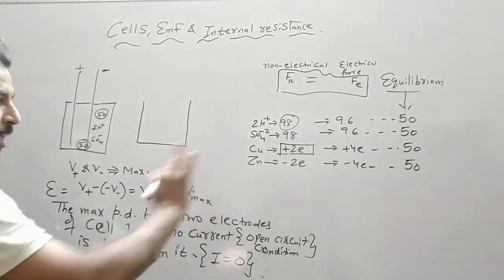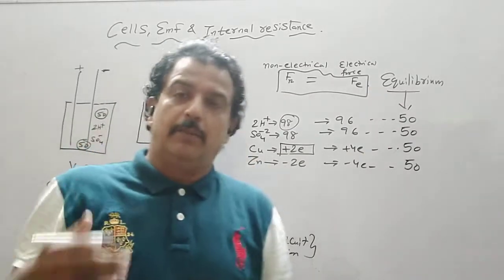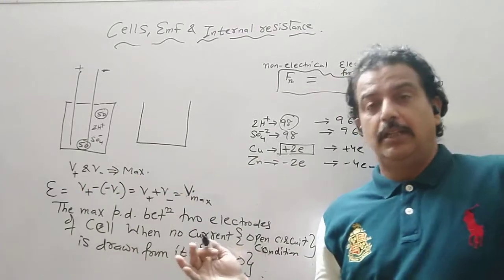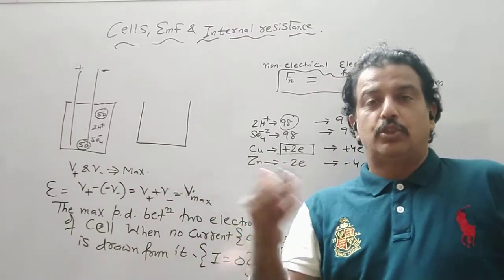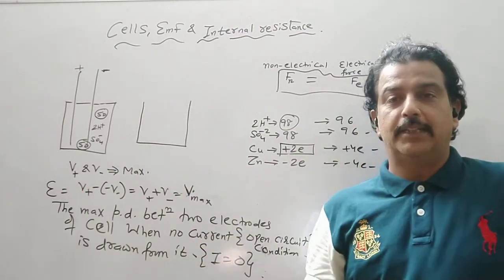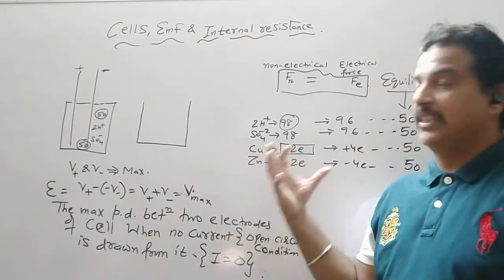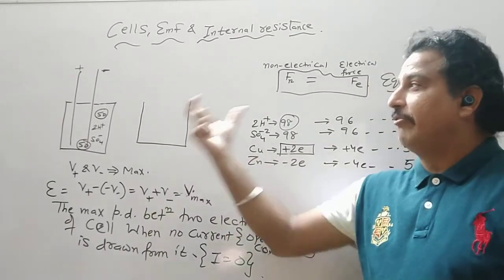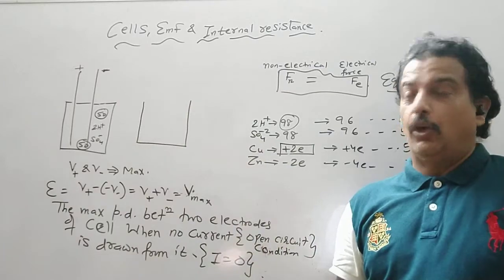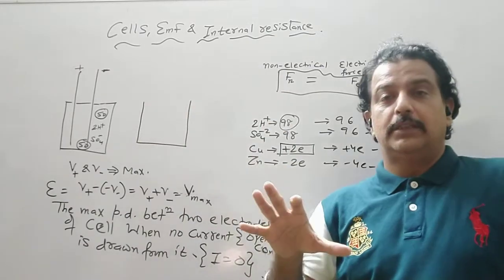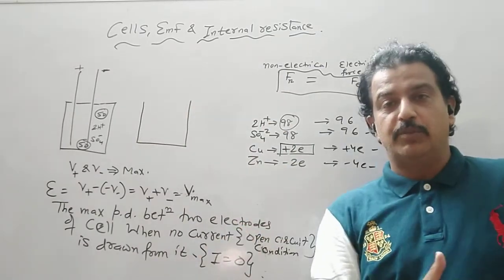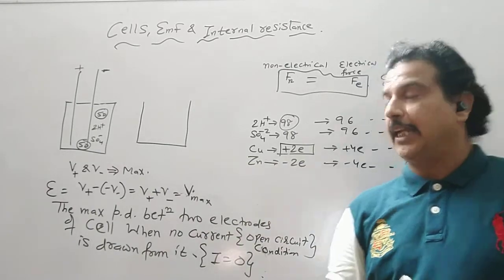The reaction was written just to make you understand the basic concept of the cell, how the potential difference is created, or how the two electrodes become charged. One becomes positively charged, the other becomes negatively charged.